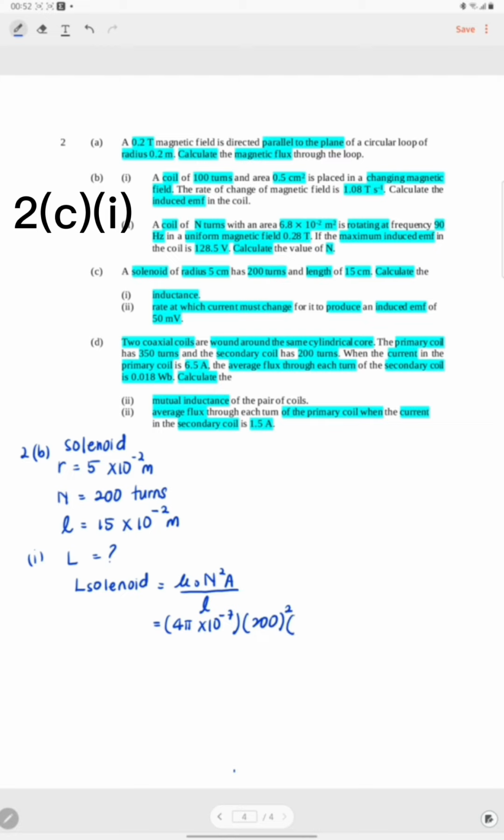The area, what is the area? Since it's a circle, the area should be pi r squared. So it's pi times 5 times 10 to the power of negative 2, squared. And we need to divide it by the length, which is 15 times 10 to the power of negative 2. So when we press our calculator, we got 2.63 millihenry.